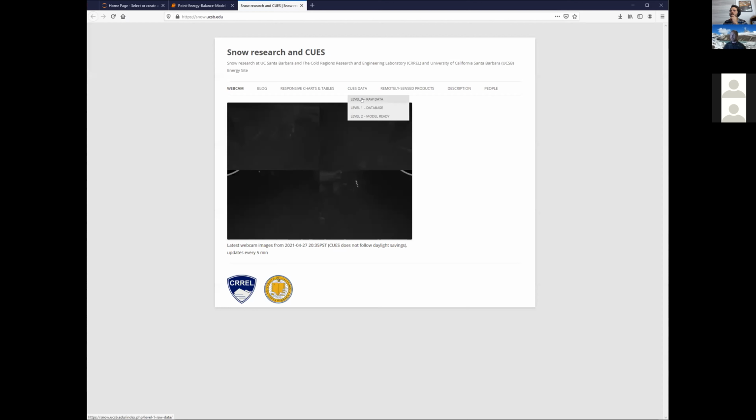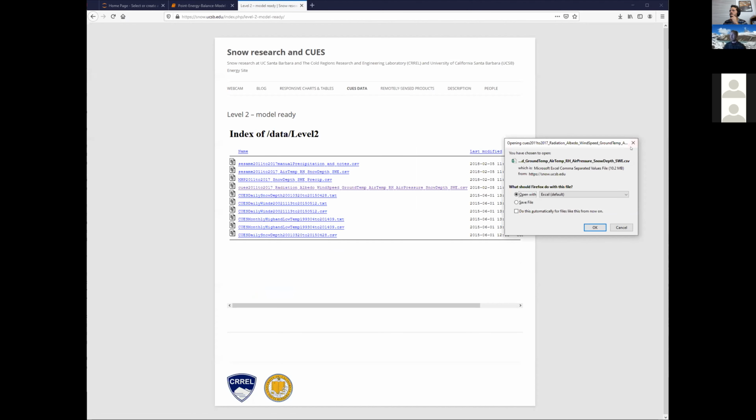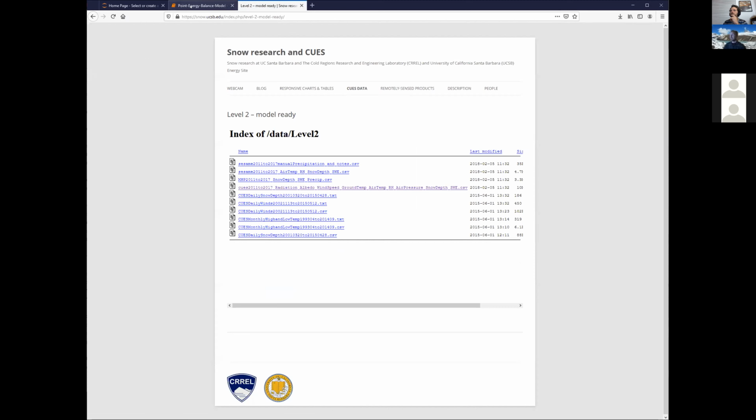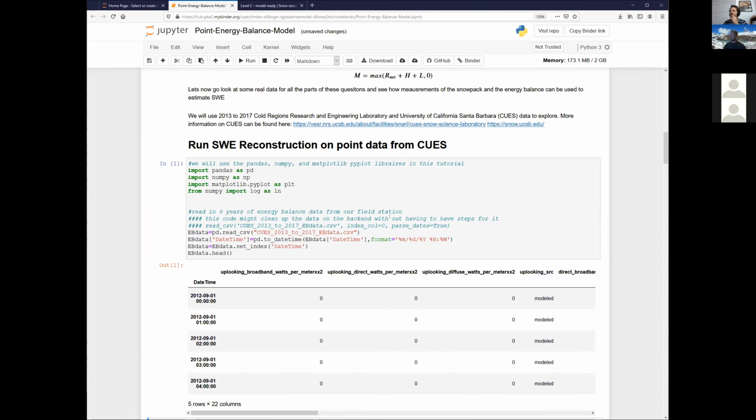We have this model-ready data, and all of the data sets needed to run the lab. You're welcome to click on these links on your own time and explore, and if you have any questions, feel free to ask us. So we will load up the data into the lab.